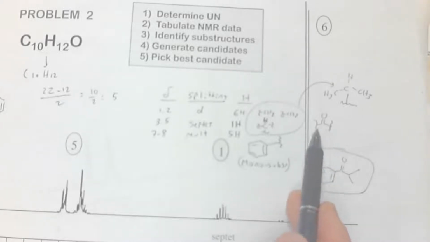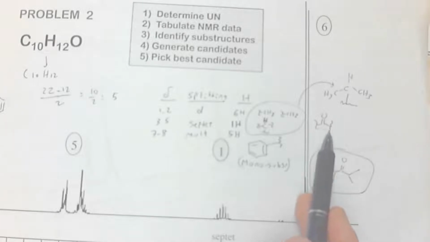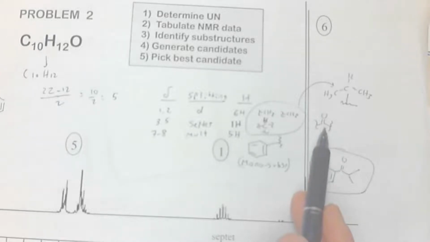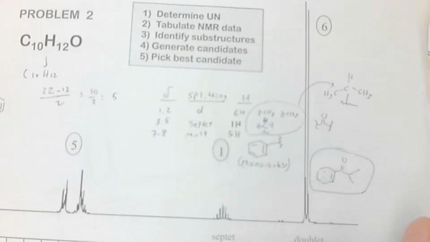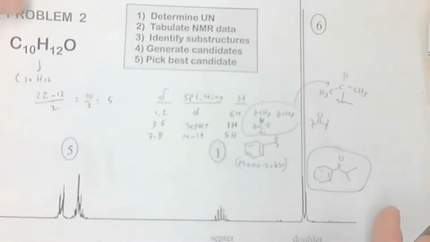Sometimes the middle piece will be an ethyl, like a CH2, which has 2 squigglies. So you cannot always assume that the middle piece will be a functional group. Every problem is different. All right, cool. Next.